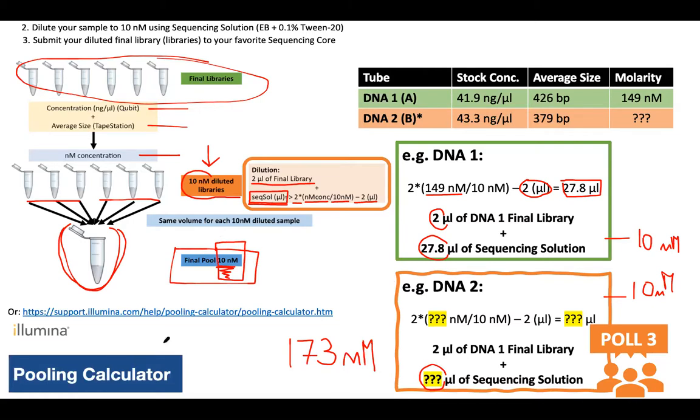There's also another strategy to pool the samples. It's more complicated, but Illumina, for example, has, in this link, a pooling calculator. So if you basically add the concentration of each of your libraries, it will tell you exactly how many microliters of each library to put into the final tube without going into this intermediate dilution step.